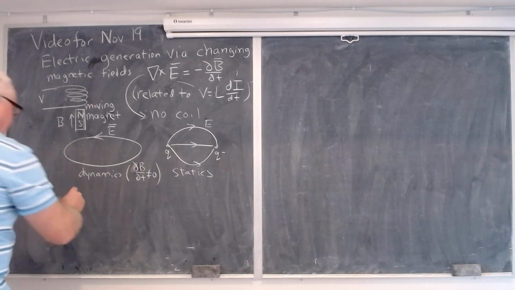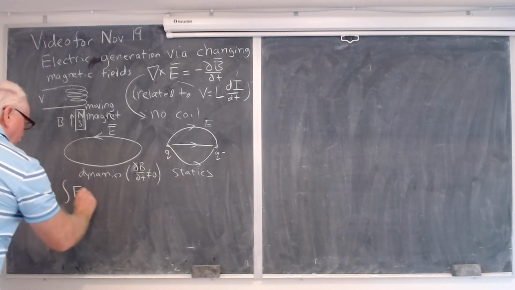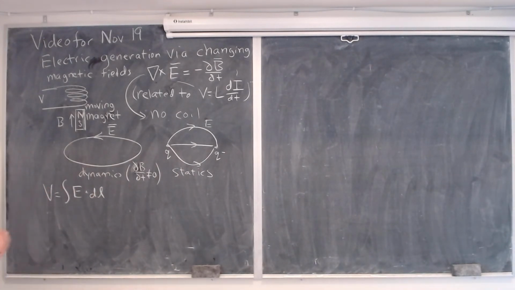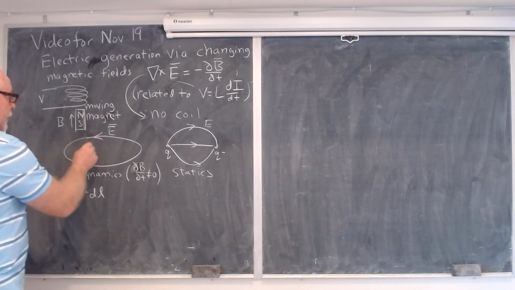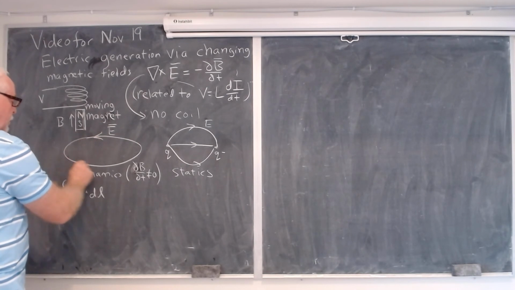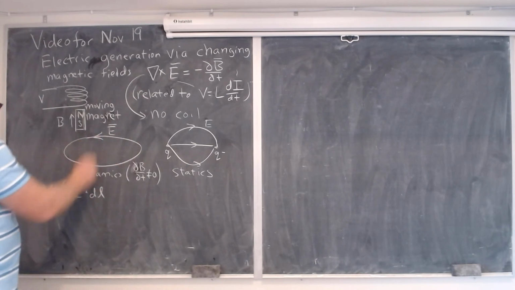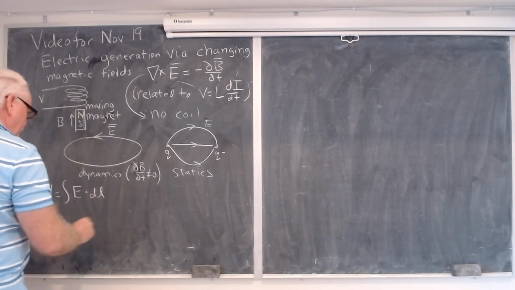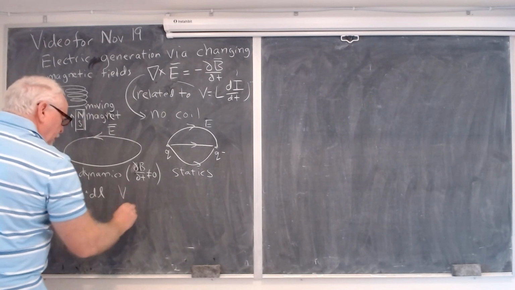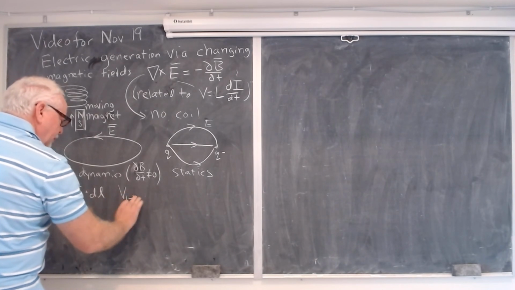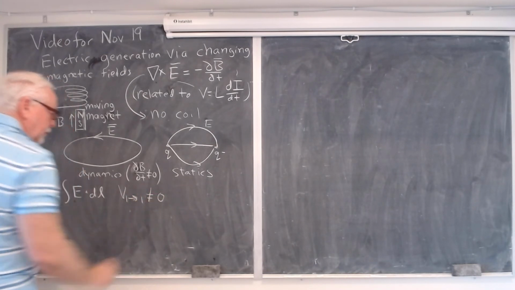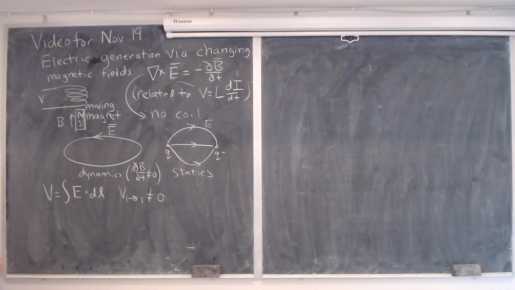Remember we've learned V is equal to the integral of E dot dl. If I move along this circle, I will gain a voltage because E goes all the way around. So if I go from 1 back to 1, I get a voltage that's not 0, which is kind of weird.